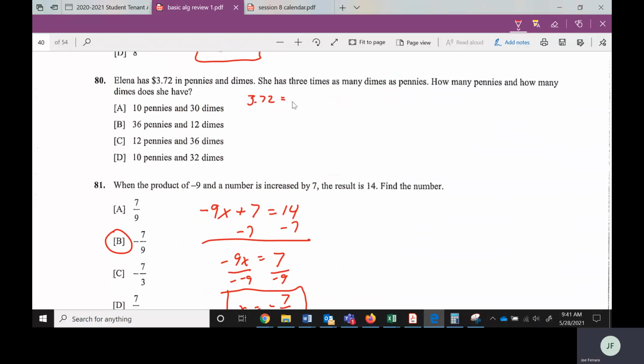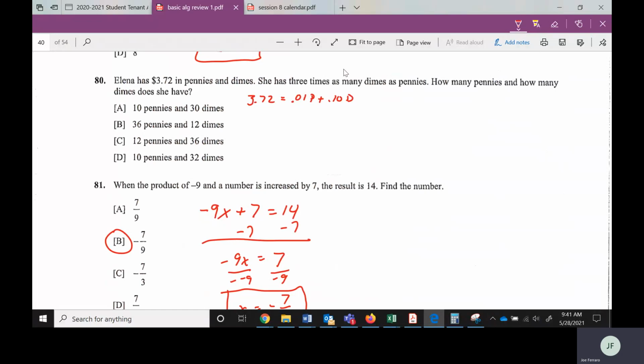So that means pennies, we're going to take 0.01 times the number of pennies. And then we're going to add dimes as 0.10 times the number of dimes. So the key here is she has 3 times as many dimes as pennies.